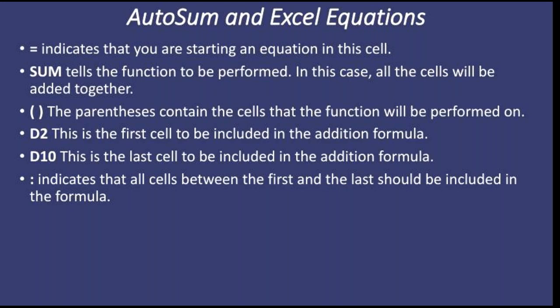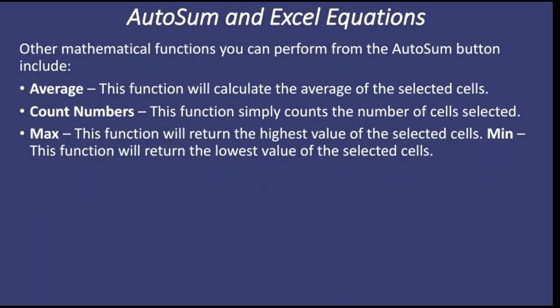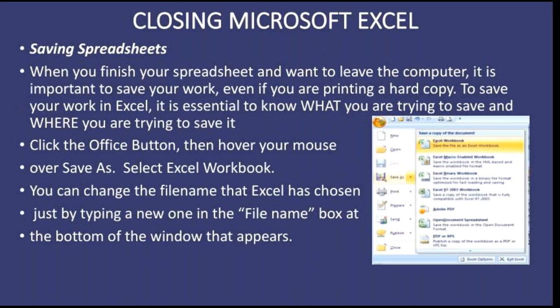D2 is the first cell to be included in the addition formula, and the colon indicates that all cells between the first and the last should be included in the formula. So this is what it means. The other mathematical functions you can perform from AutoSum include average, count numbers, and max numbers.